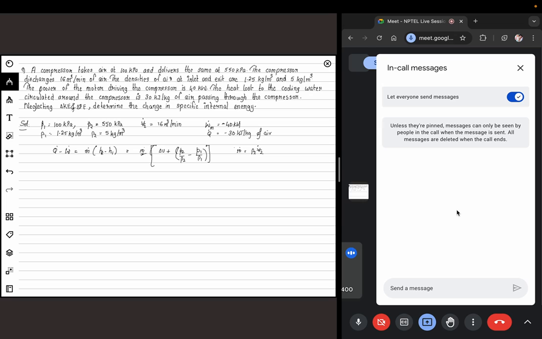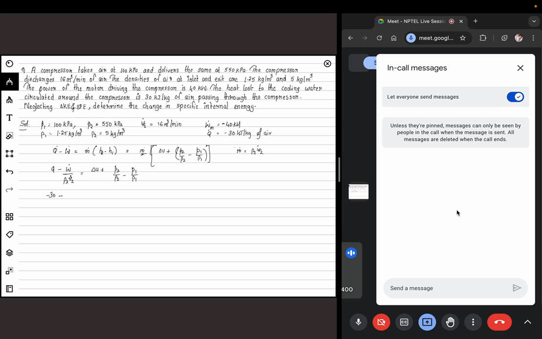So I just divide this entire equation by m dot. We have Q dot by m dot minus W dot by m dot is delta U, that is what we are trying to find, the change in specific internal energy, plus the final pressure P2 by rho 2 minus P1 by rho 1. And m dot I'll just write as rho 2 V2 dot. So Q is given as minus 30.